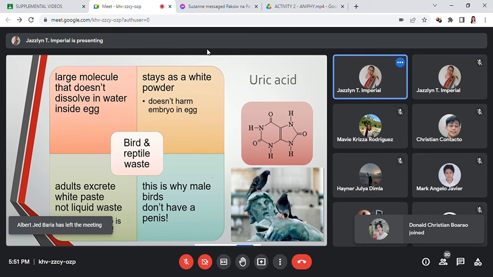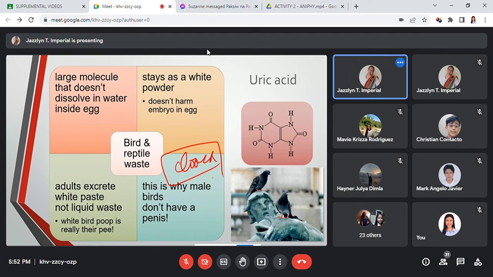Cloaca sila. Birds, even reptiles. Their excretory, external part is the cloaca. So that is how birds and reptiles eliminate waste. So alam nyo na ngayon, pag kumain kayo ng balot at kung mataihan kayo ng birds, wag kayong magsabi na nautot ako. You can say, naihian ako ni bird.